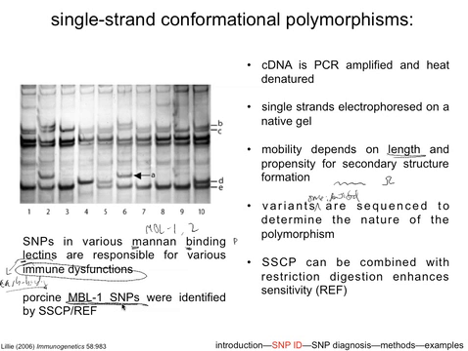And in any particular lane here, we can see a particular example of a polymorphism that is observed as a result of a difference in that electrophoretic mobility. We see some more here, and we're highlighting a couple more here.